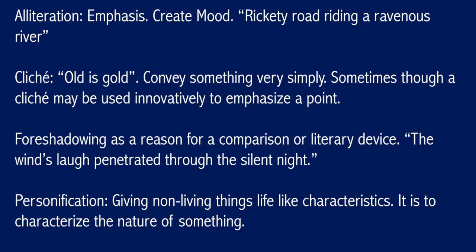And finally, the wind's laugh is an example of personification, because I'm giving a non-living thing lifelike characteristics, and that's another literary device it's good to know about. Often we use personification as a way of foreshadowing or creating a distinct mood.